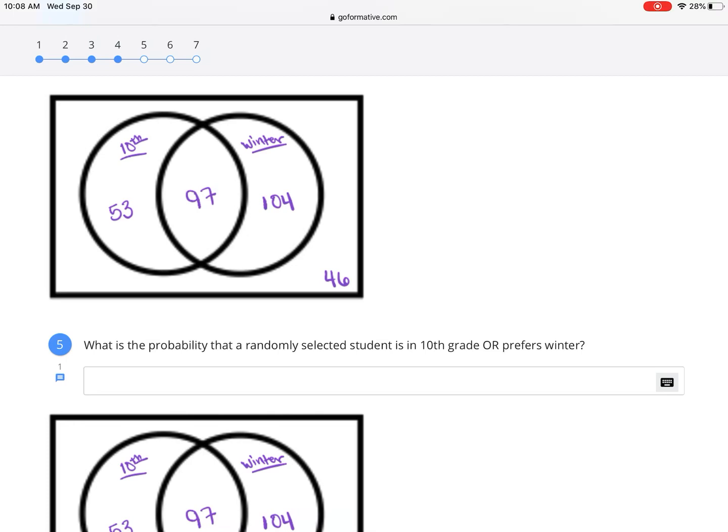But you don't add the 97 twice, even though it is in both circles. You only add it once. You don't double count, okay? So if I want to know 10th grade or winter, I just go 53 plus 97 plus 104, and I get a total of, what would that be?